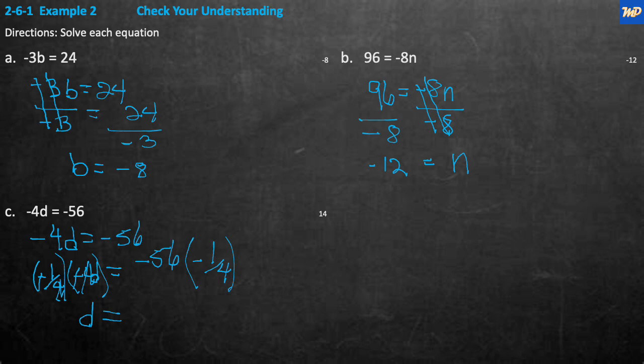And that one singular positive d equals 56 times 1/4, but they're both negatives, so the answer is going to be positive. You have an even number of negative signs, it's going to be a positive number. So 56 divided by 4 is 14, and it's positive, so positive 14 is your answer.